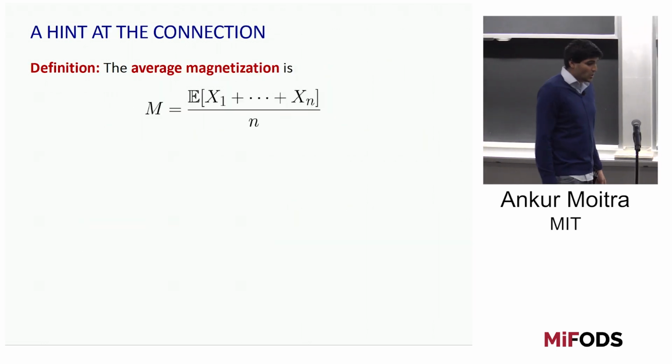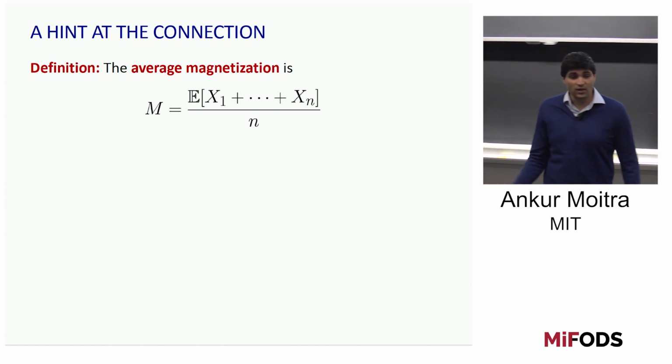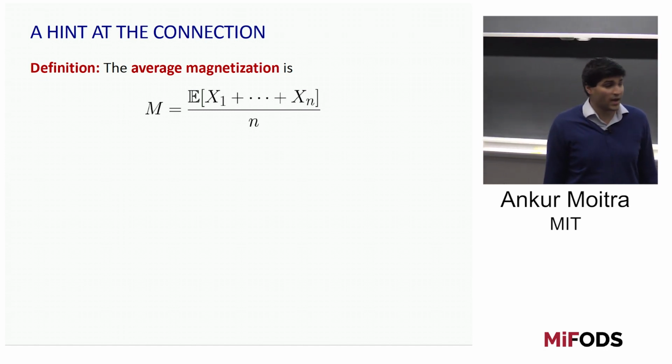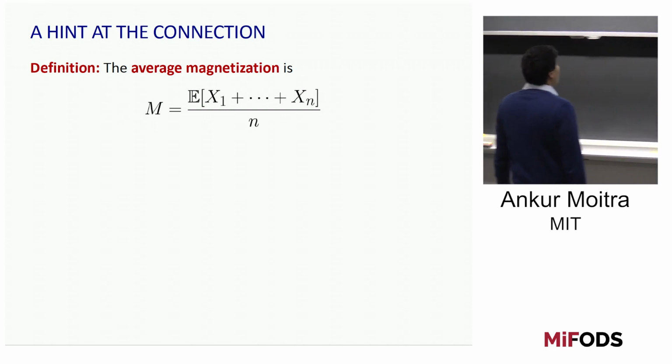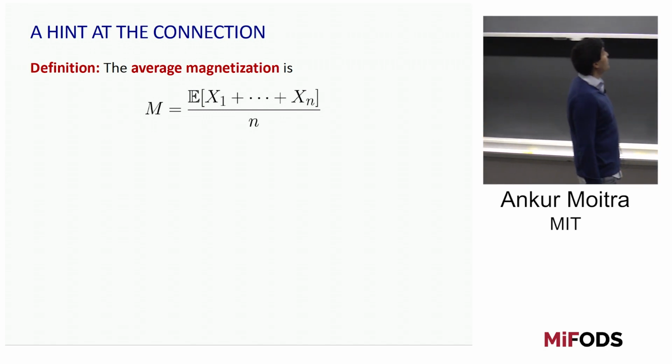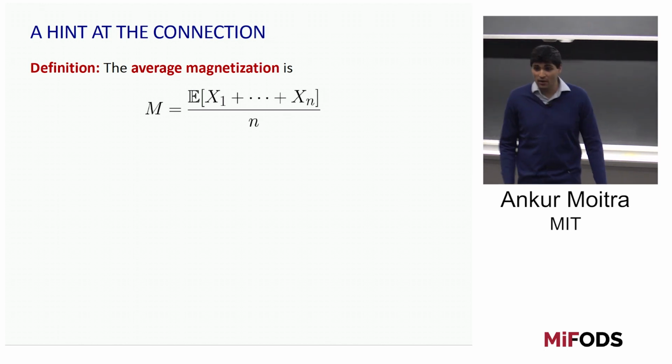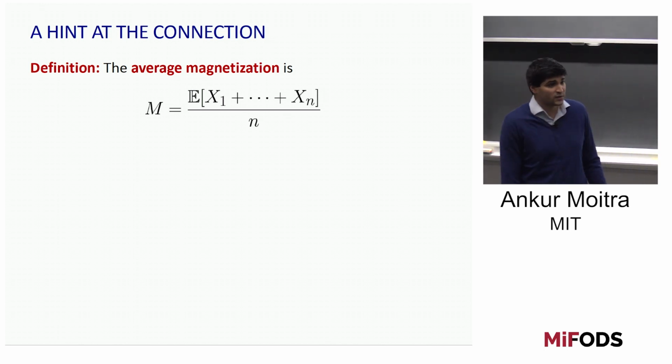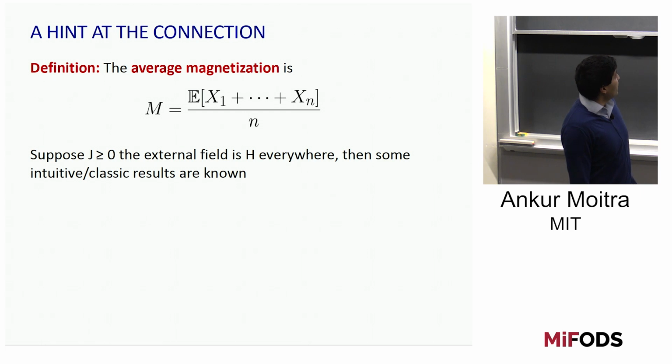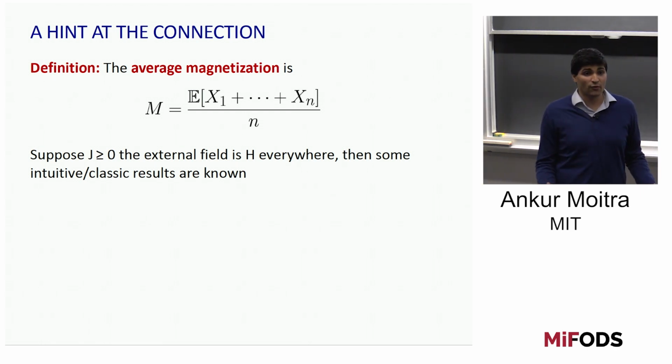Now, that's a somewhat deeper topic, and I'll get into it at the end, but let me give you a little bit of a hint of the connection. I can define the average magnetization m as 1 over n of the expectation of the sum of the spins of all of these nodes. In the case where you are ferromagnetic, let's restrict things even further. Imagine that all of the nodes experience the same external field of h.